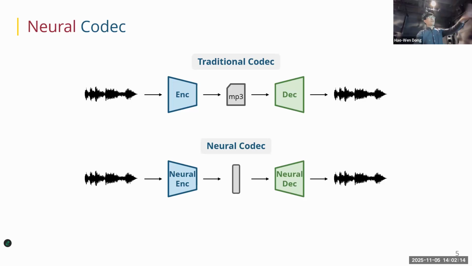Now we are just using a neural encoder and a neural decoder to do this. This actually doesn't have to be a neural codec; it is essentially just an autoencoder, right? You're just replacing the encoder and decoder with a neural net.